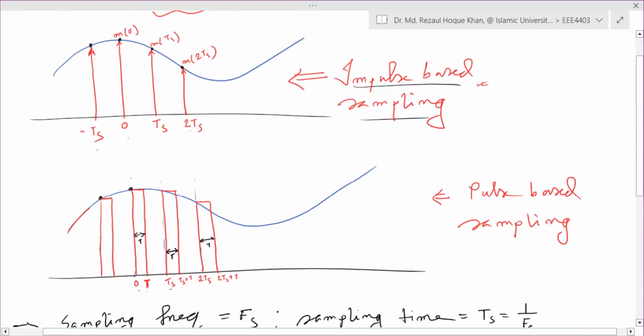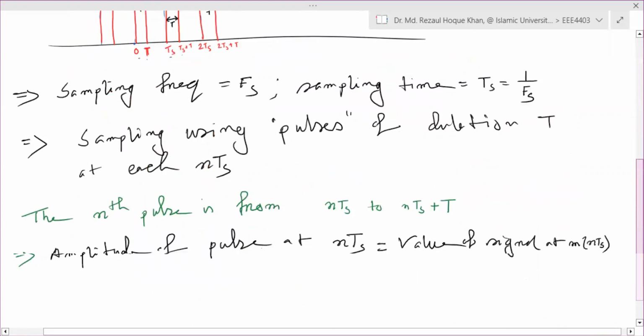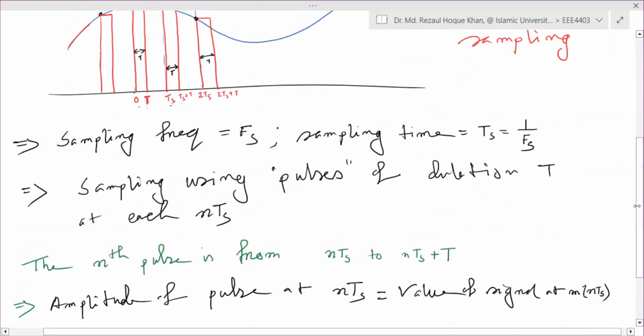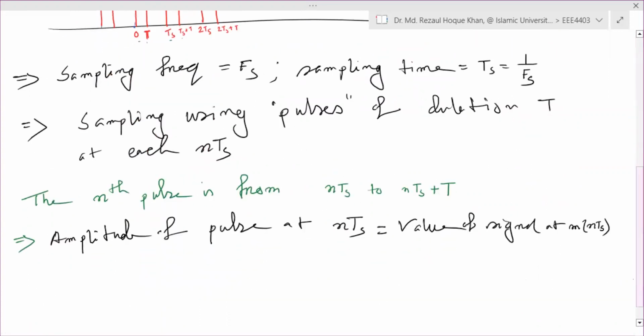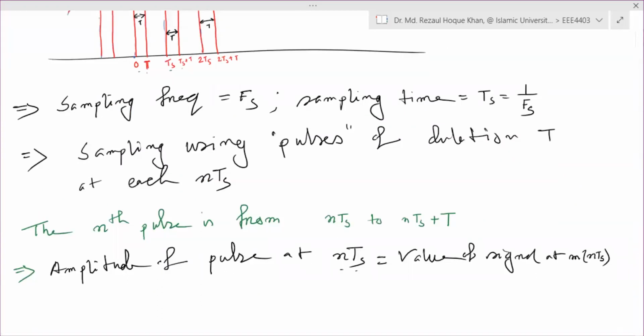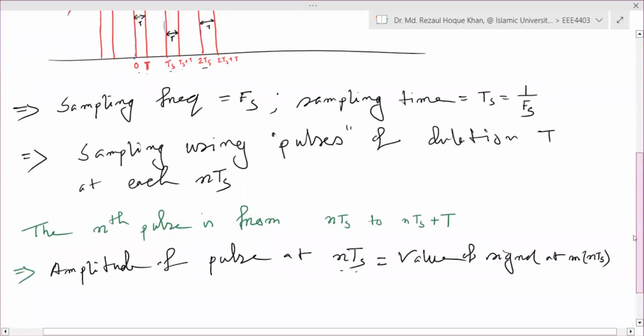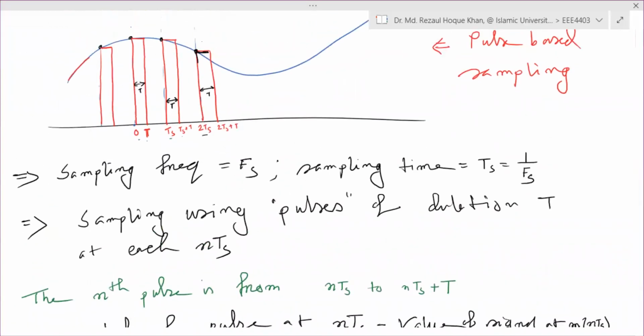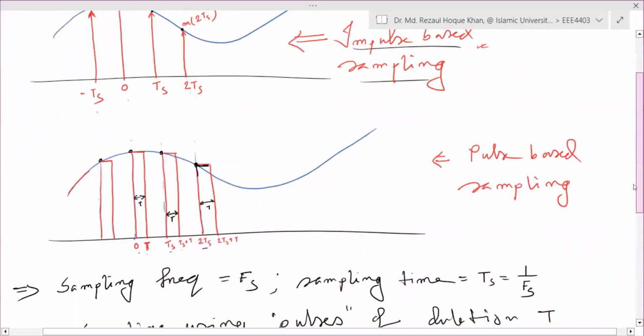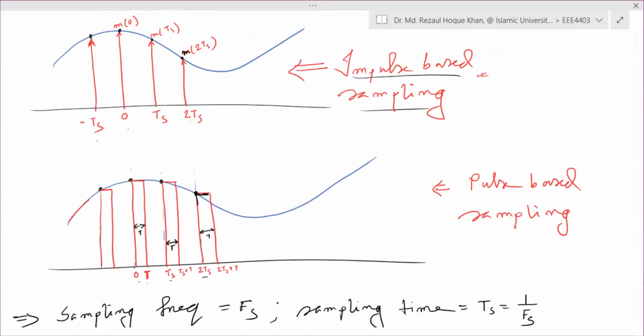The amplitude of this pulse at n TS is the value of the signal at n TS, which is m of n TS. For twice TS, it is m of twice TS. That is the corresponding value.